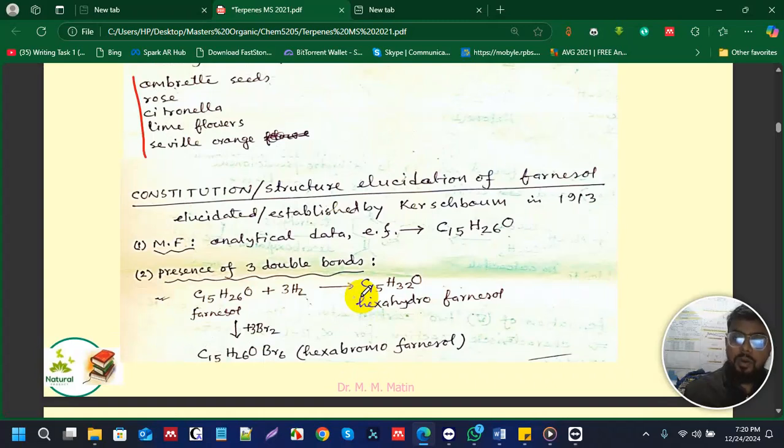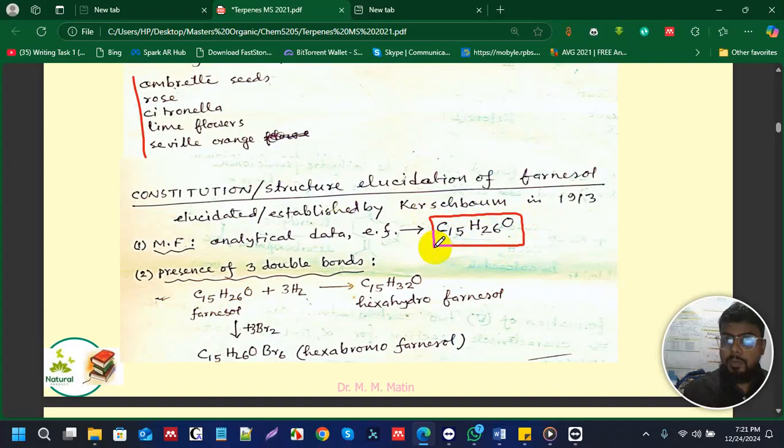The scientist Kerschbaum in 1913 elucidated or established the structure of farnesol. The molecular formula is C15H26O. You can ask me how they were able to elucidate the molecular formula of farnesol.